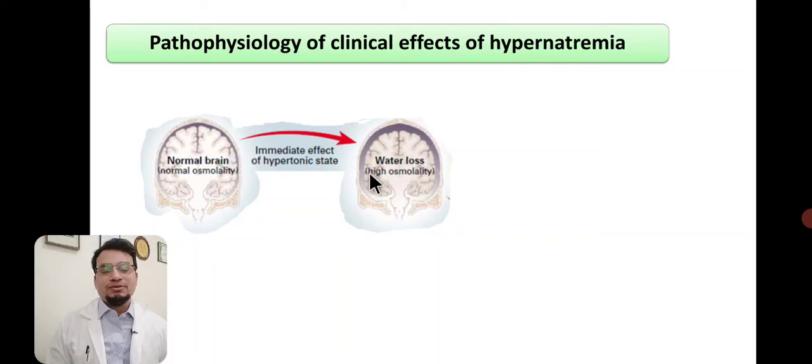So that is a protective mechanism to prevent the ongoing shrinking in the brain. But when you are not able to treat hypernatremia for a long time, the shrinking can happen very fast and can lead to the rupture of bridging vessels, resulting in hemorrhages. Cerebral hemorrhage, SDH, that is subdural hemorrhage, is very common in older people due to hypernatremia.